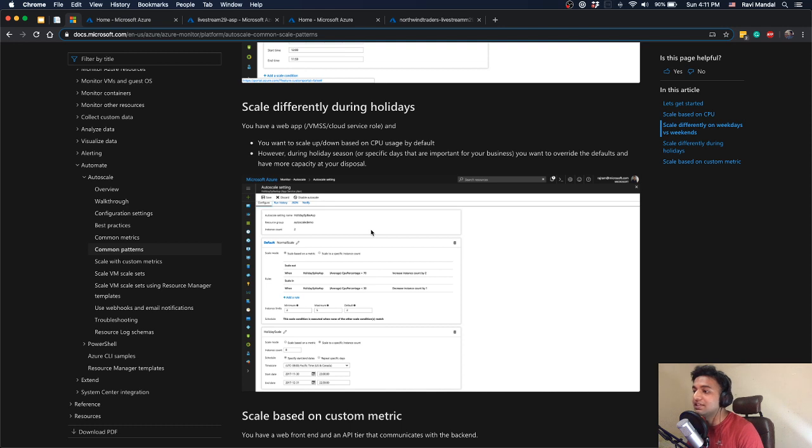If your application is something else, the number of users might decrease on holidays. So you can say, from 1st of November to 15th of November, scale my application to 5 instances, but after that, scale it back down to 1 instance so that I won't be charged more. You can set that rule as well.